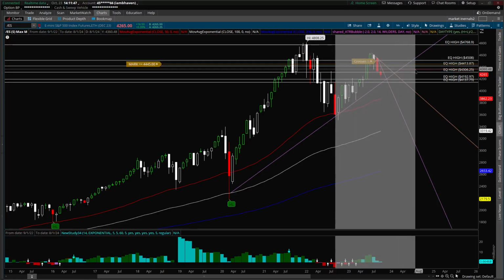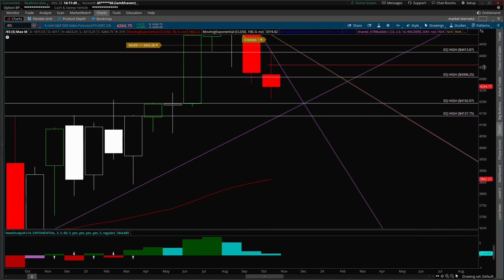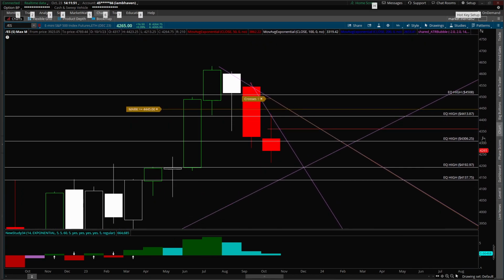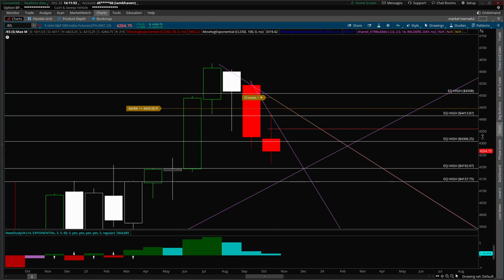All right, so basically the way that this works, or the way that I kind of look at it, is I'm using these numbers, and I'm just basing it off of the previous open, high, low, close, right? So we have the open here, the high, low, and the close for this previous bar, right?